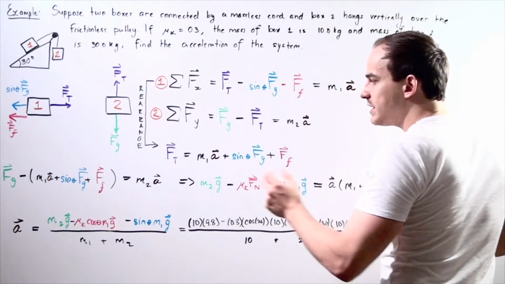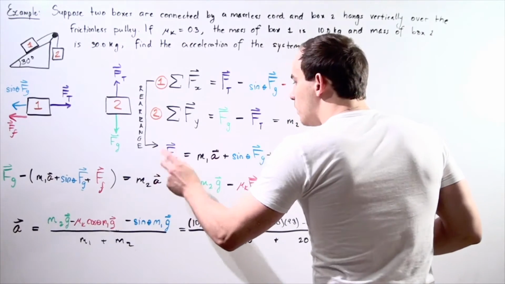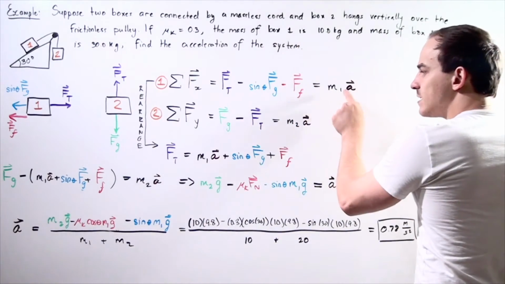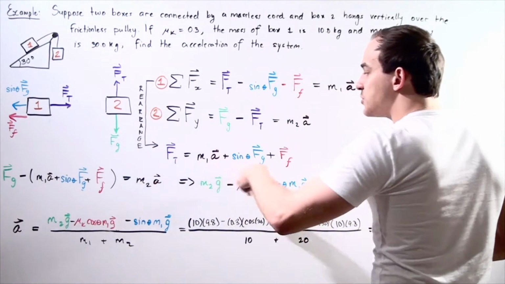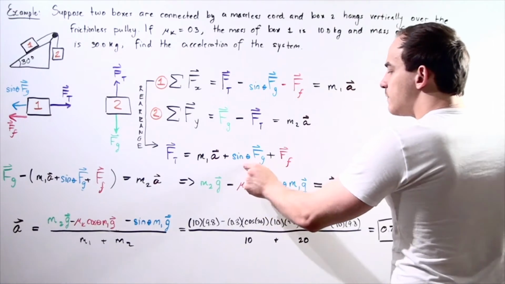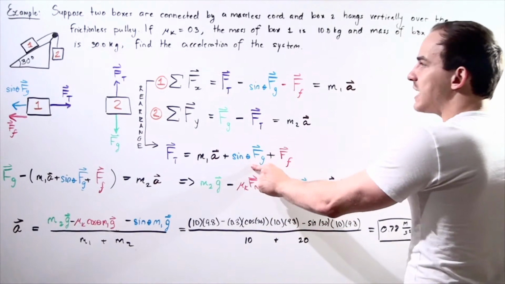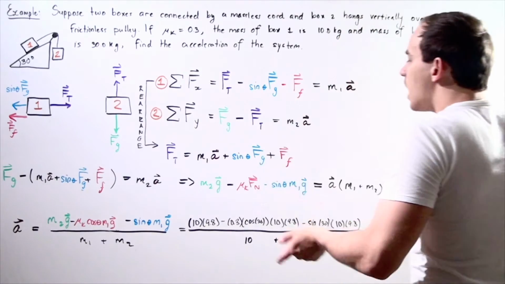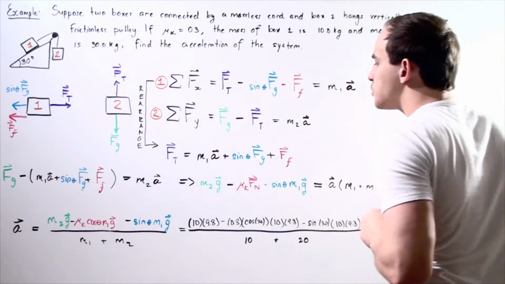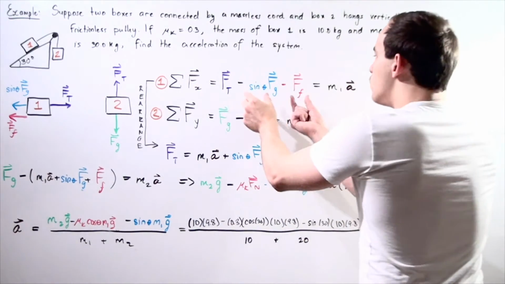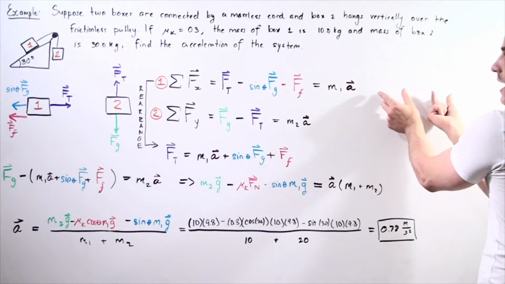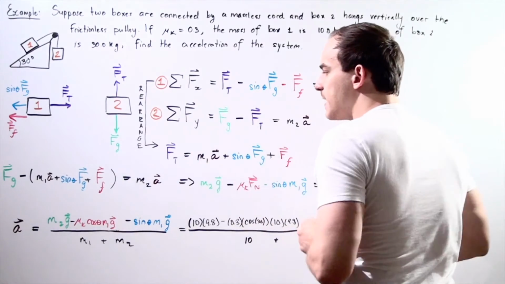So from here we get that the tension in the rope is equal to mass of object 1 times our acceleration plus sine of the angle theta times the gravitational force acting on object number 1 plus the frictional force acting on object number 1. So we simply move these over to the right side of our equation and we get this.